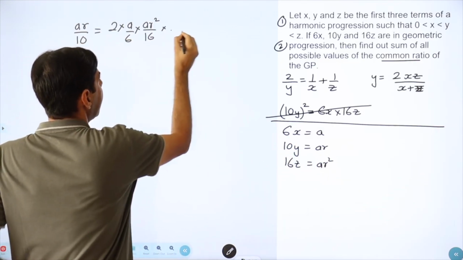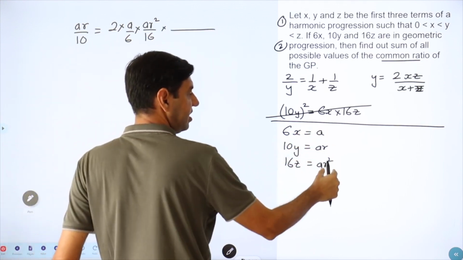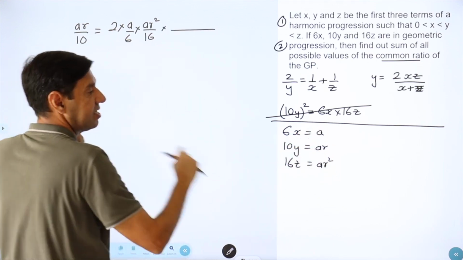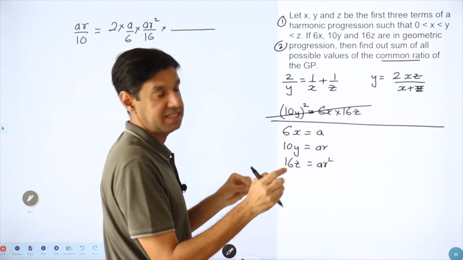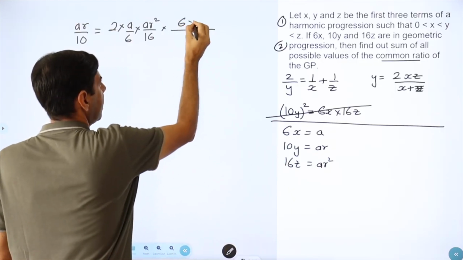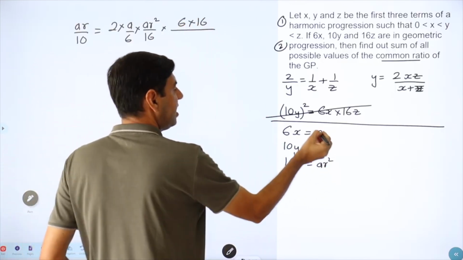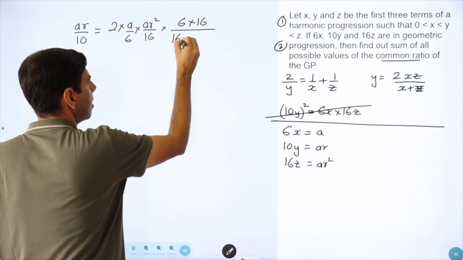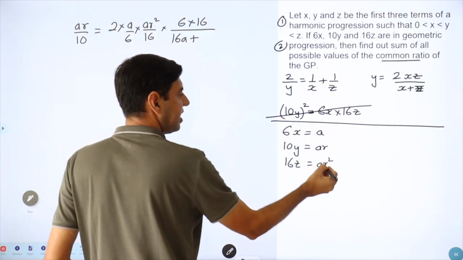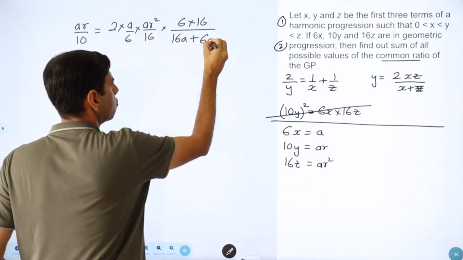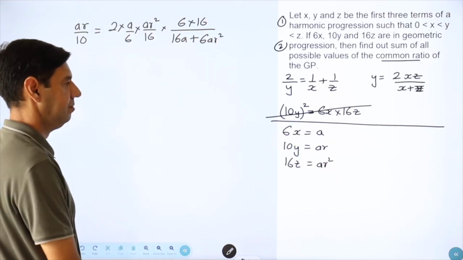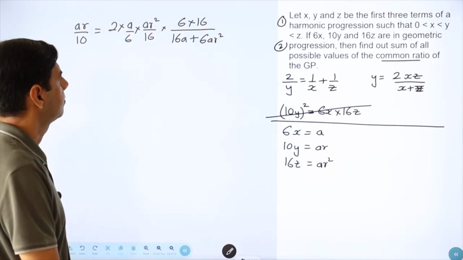So when I take the sum, these are fractions. I want to get rid of 6 and 16, so I'll take the LCM as 6 into 16, which will go in the numerator: 16 times A plus 6 times AR square. Are we good? Yes.